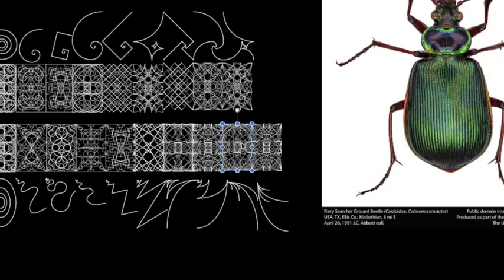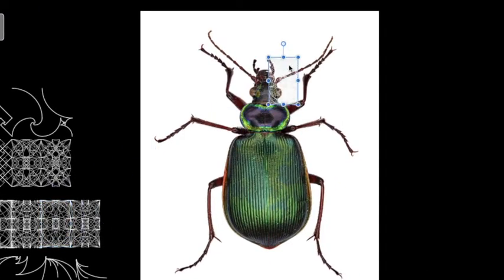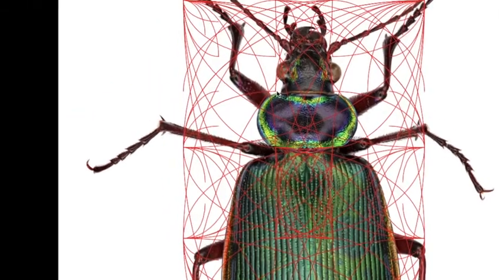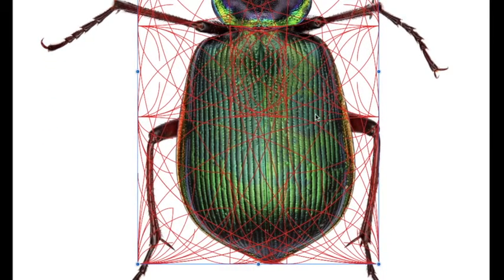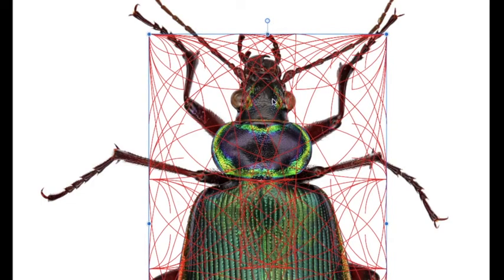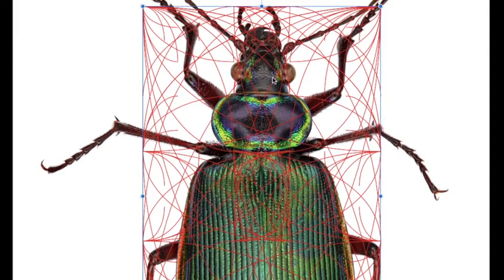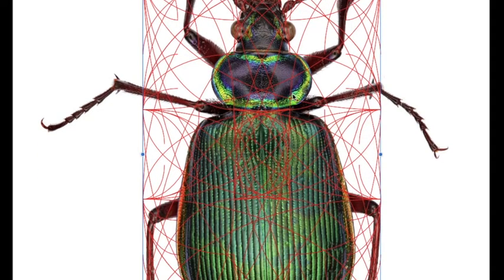What else? Let's try one of these guys here. Yeah, doing those mandibles. Okay.